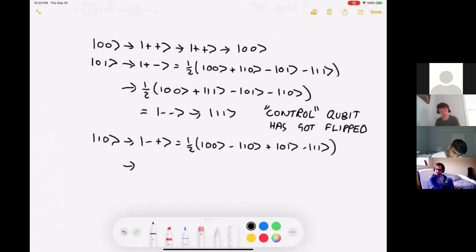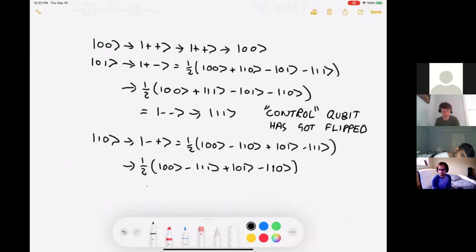That goes to a half 0, 0 minus 1, 1 plus 0, 1 minus 1, 0. It's just exactly the same thing. It's minus plus. And then I apply the Hadamards on minus plus. What do I get?